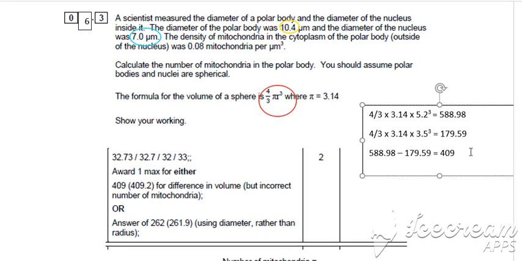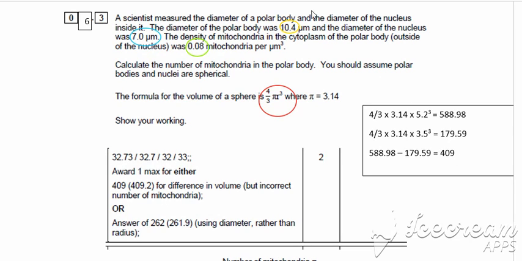If we know that there's 409 micrometers cubed, we also know, as they tell us in the question, that the mitochondria is 0.08.